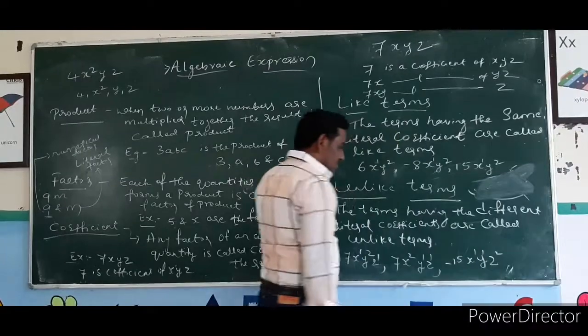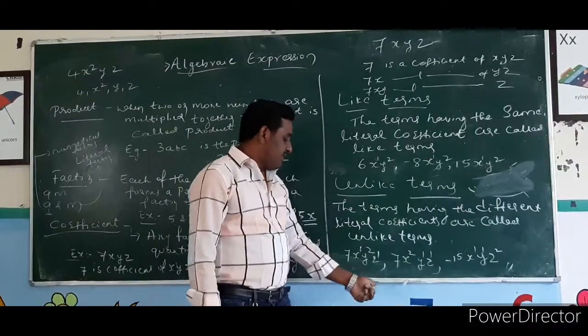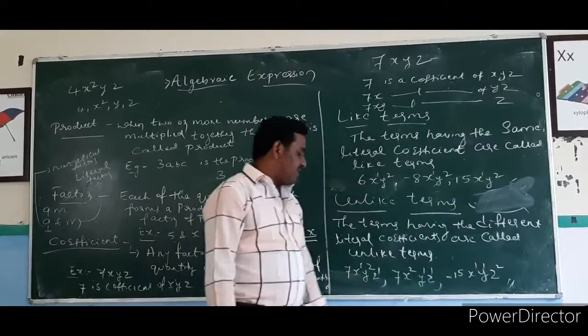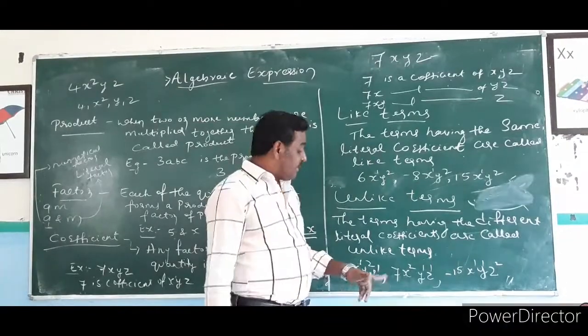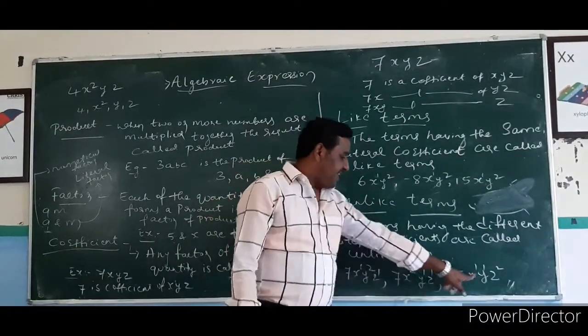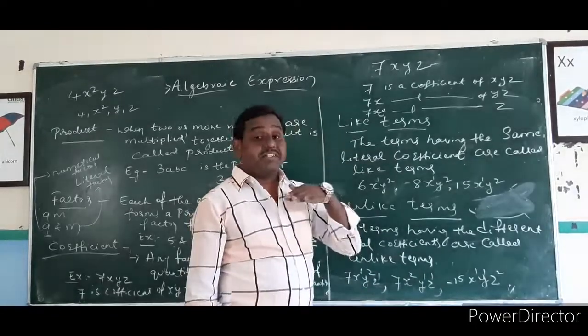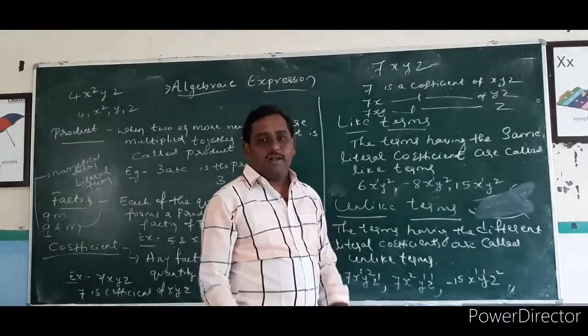Here x to the power of 1 is there, here x to the power of 2 is there, here x to the power of 1. So the powers are not matching, though the literal coefficient xyz is the same. That's why these terms are called unlike terms.